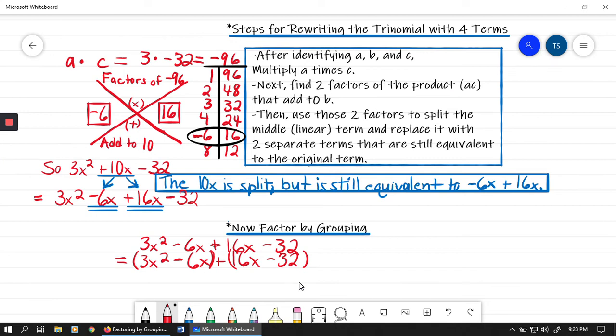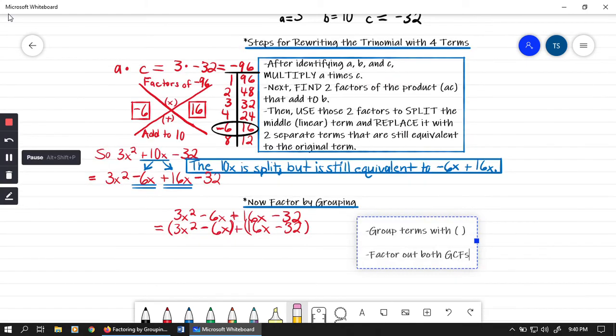So now that we are ready to factor by grouping, remember that if you've already got the expression written with 4 terms, the first thing that you do is you group the first two terms with parentheses and the last two terms with parentheses. Okay, so we've grouped the terms with parentheses.